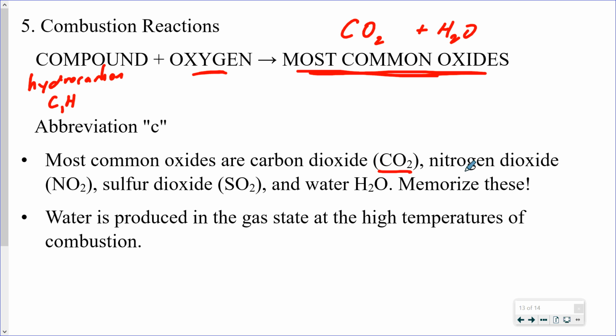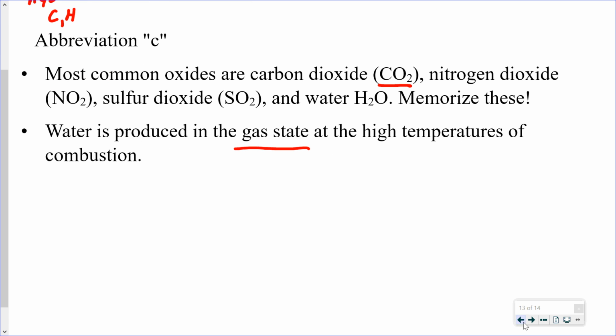If you have nitrogen oxides or sulfur dioxides, those might be produced as some of the oxides as well, if in your compound you have nitrogen or sulfur as the elements. Water is produced in the gas state for these combustion reactions because it is at high temperature.